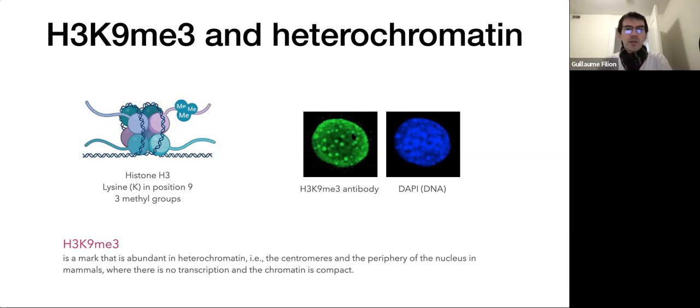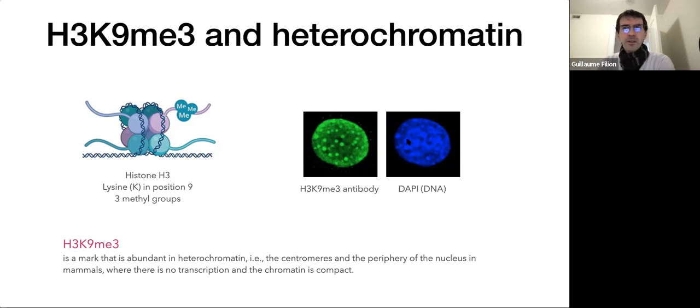DAPI in mouse cells also highlights more or less the same places. They correspond to the centromeres of several chromosomes coming together. You have an assemblage of centromeres from different chromosomes forming a blob, and that blob here is heterochromatin. The reason why it's brighter in DAPI is because the concentration of DNA is stronger, the DNA is compressed, and also more simply because the sequence is AT rich, and DAPI has a bias for A's and T's.